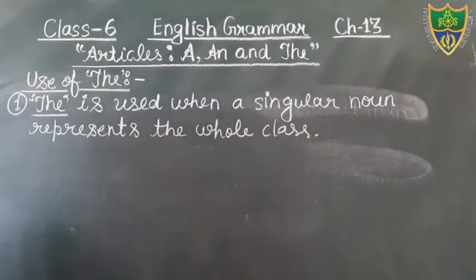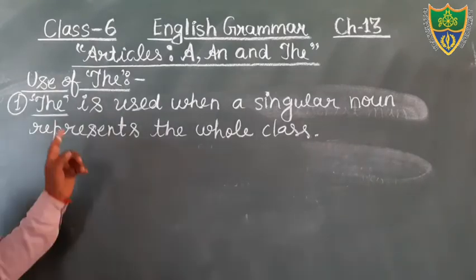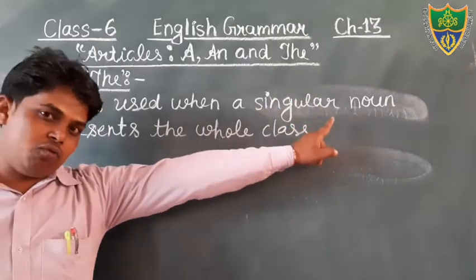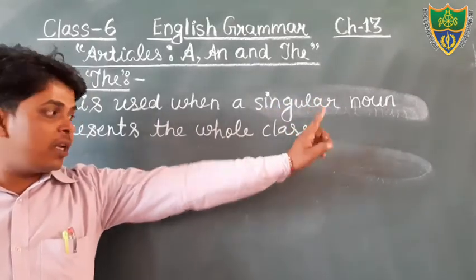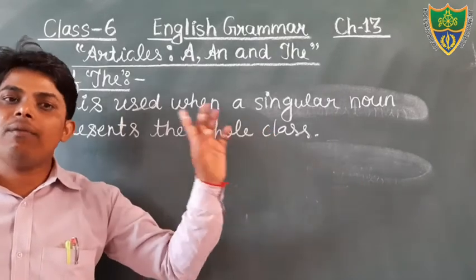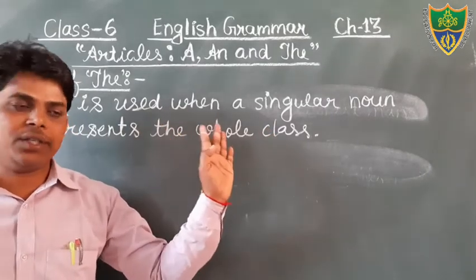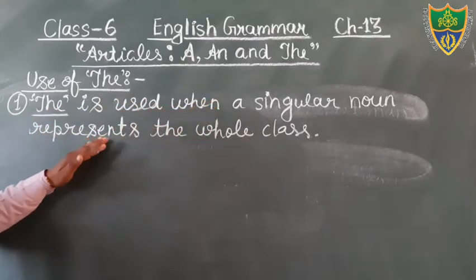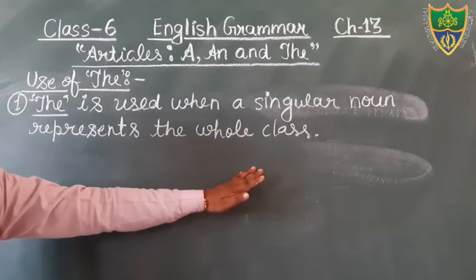Okay, just see. First use: we use the article the when a singular noun, as I have told you, the lion is the king of the forest, represents the whole class.